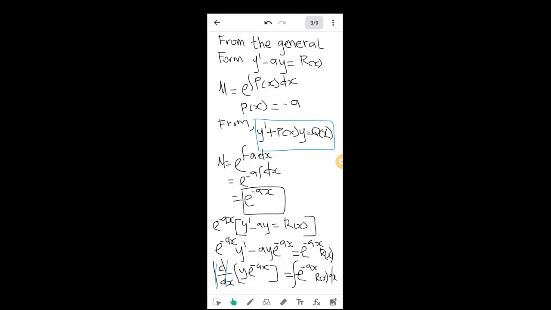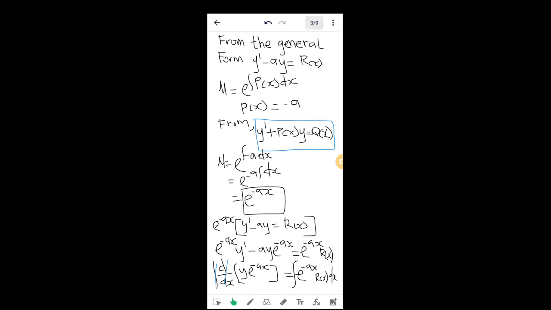Now I have further simplified it as y e to the power minus ax. So I'll integrate both sides. Upon integrating both sides, the integral takes off the d/dx of y e to the power minus ax, and the right hand side becomes the integral of e to the power minus ax r of x dx.